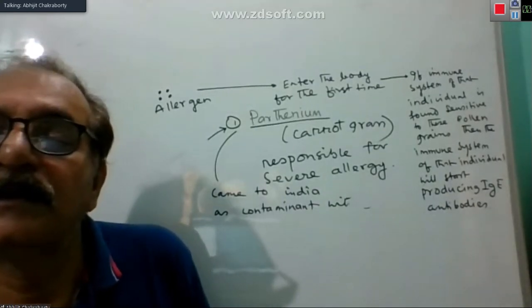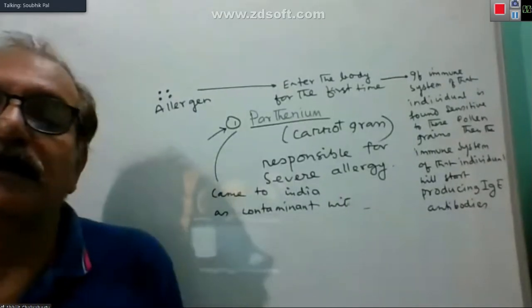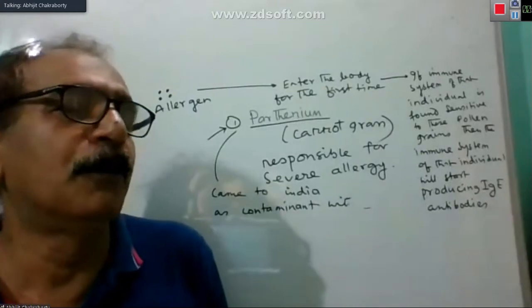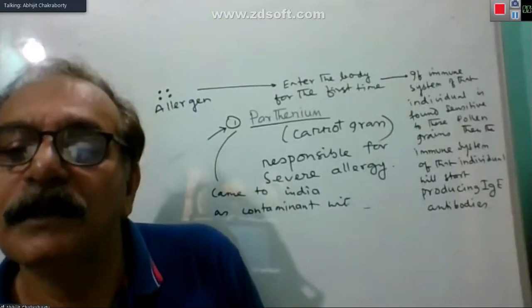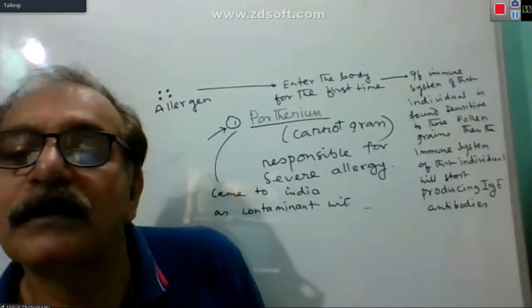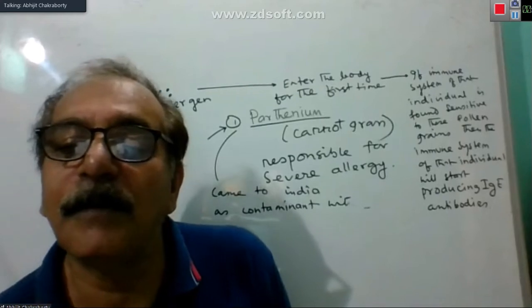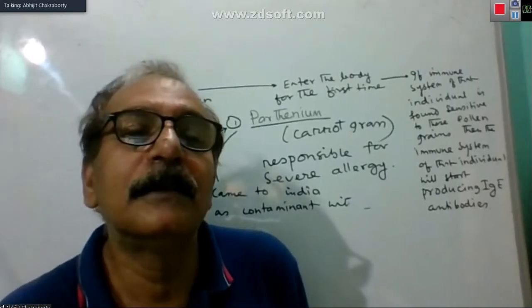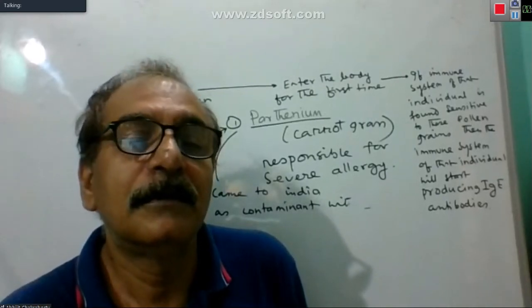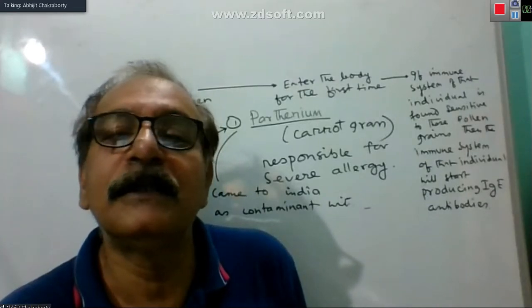Who is that person? Sir, IgE. IgA immunoglobulin. Just a minute, please. Someone enters. Now tell me who entered with the number 415066.